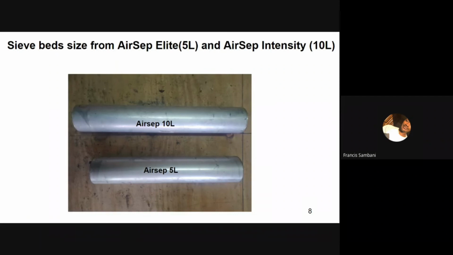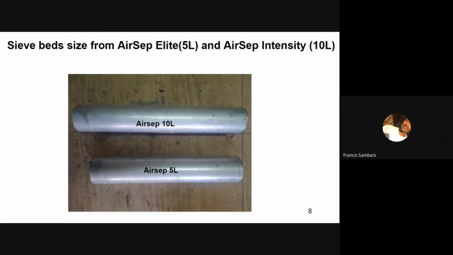So in terms of interchangeability of these two zeolites, it would be possible to put the lithium-based zeolite in an oxygen concentrator designed for sodium, but that would be unnecessarily expensive because lithium-based zeolite is more expensive than sodium-based zeolite. So one could potentially use a smaller sieve bed if you want to use the lithium-based zeolite in a concentrator that was previously using sodium-based zeolite.